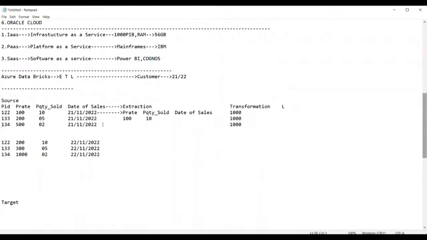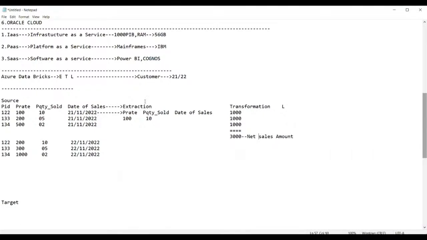The sum of these three is 3000. So can you see? 3000 is the net sales amount. Am I right, everyone?